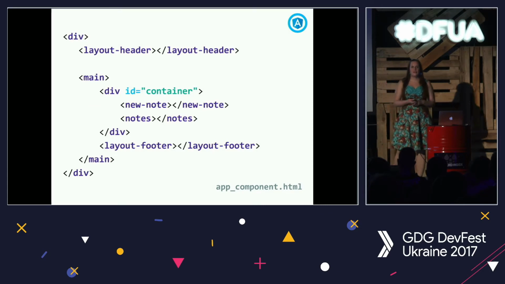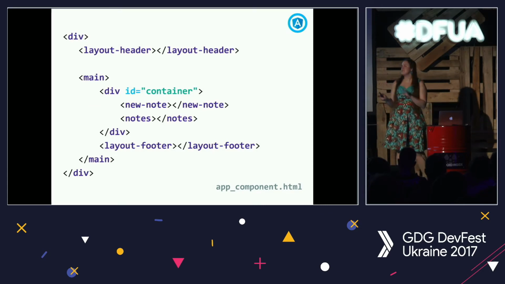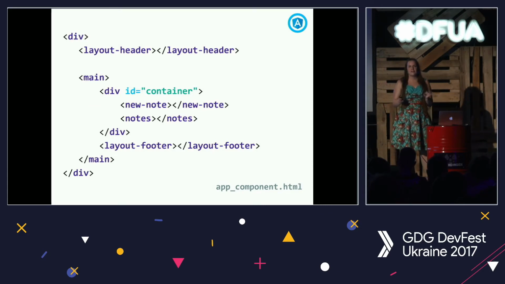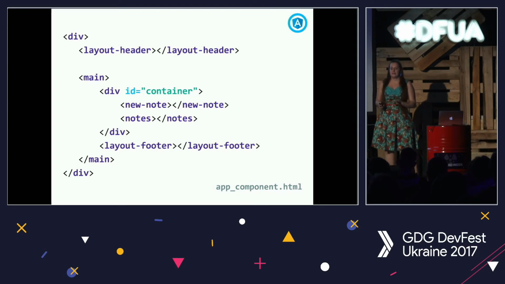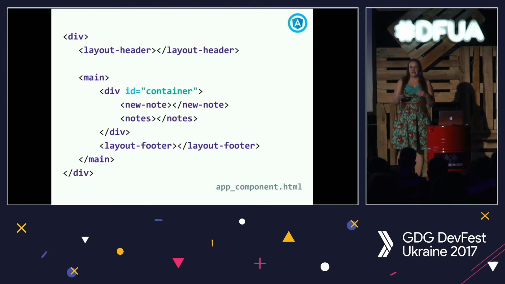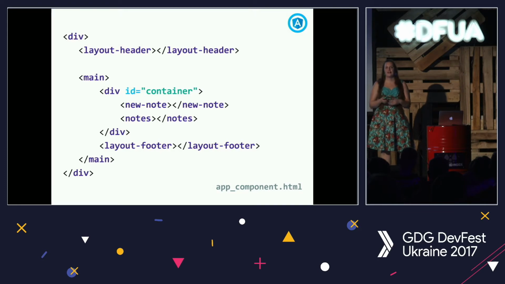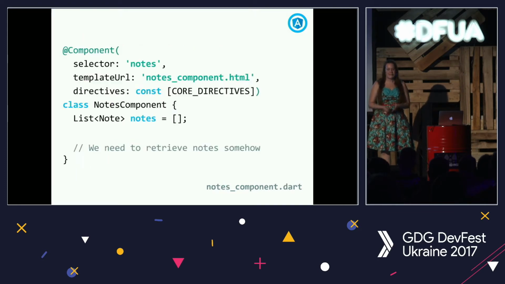This main component has some div, and again there are some elements we don't know from HTML. It's called layout-header. Then there is also nodes, and layout-footer. As you would expect, these are all components created via Angular. So let's take a look at nodes.